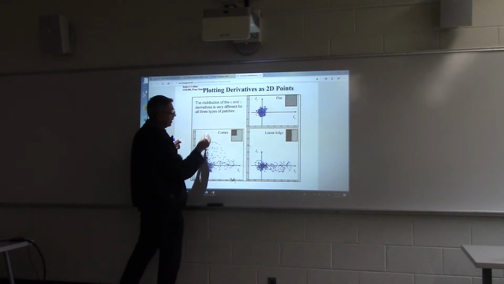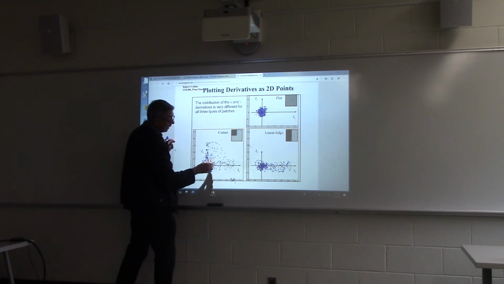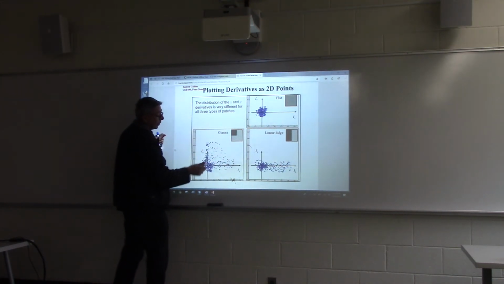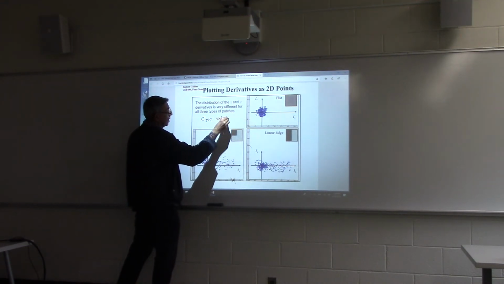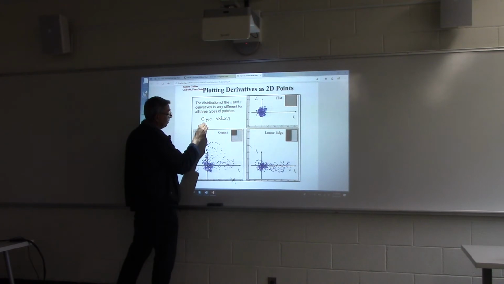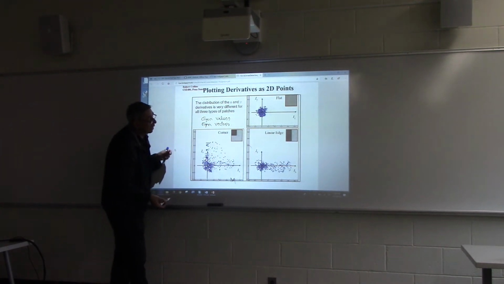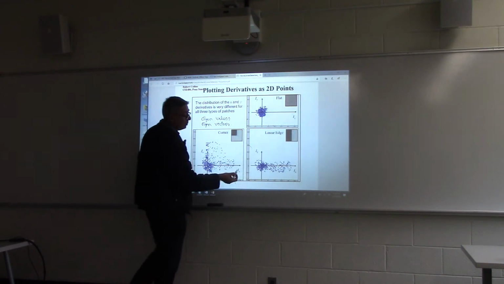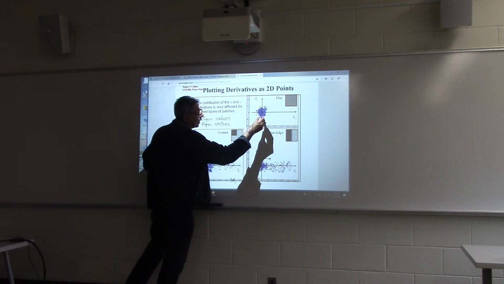Let's try to understand this. Intuitively this makes sense. For a corner, the data will be distributed like this, right? So from the eigenvalues or eigenvectors point of view, what will be the magnitude of the eigenvector in this direction compared to this one?